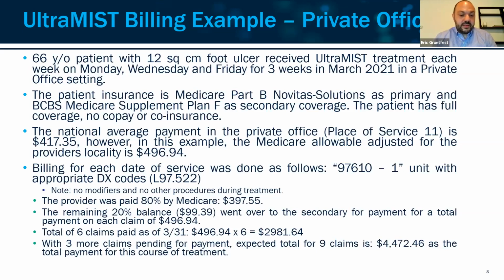As of this recording, 6 claims were paid at the full rate for a total of $2,981, with 3 more pending. Once they are paid, the total expected reimbursement for 9 dates of service or 9 treatments is $4,472. And again, that is based on this specific provider's local MAC reimbursement rates.